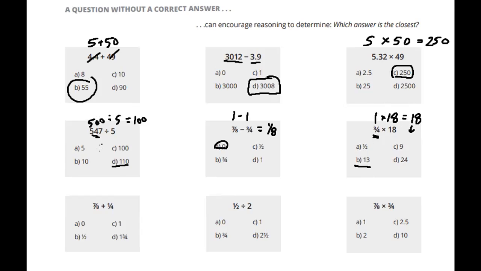Excellent. What about 7/8 plus 1/4? Probably 1. Okay, talk me through your reasoning on this one. Well, 7/8 is almost 1, you said, and 1/4 is close to 0.